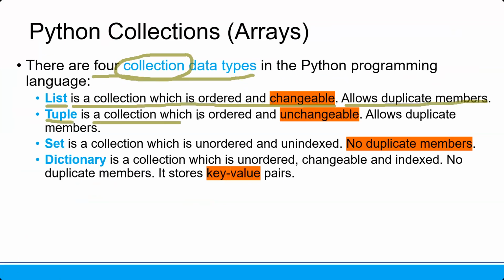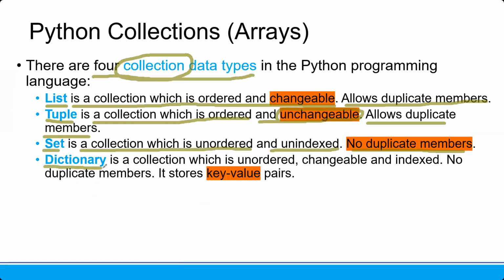Tuple is a collection which is ordered and unchangeable. Unchangeable means we cannot change the value. It allows duplicate members. Set is a collection which is unordered and unindexed. No duplicate members.